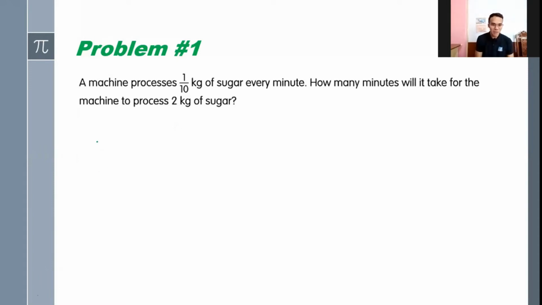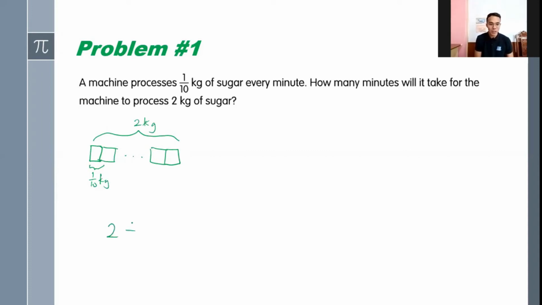So we have a model something like this. This is 1/10 kilogram, another 1/10 kilogram, and so on. And we have here a total of 2 kilograms. So to determine the number of 1/10 kilograms there are in this model, we have to use division.